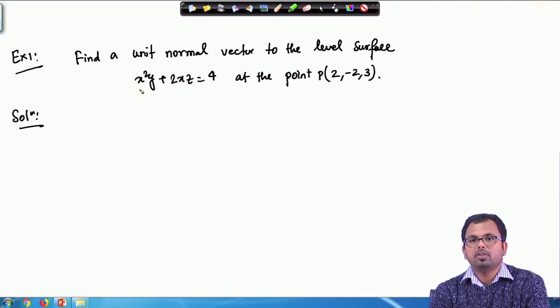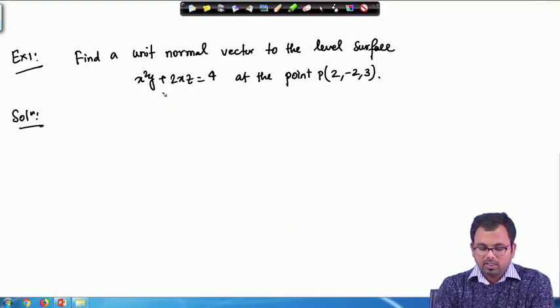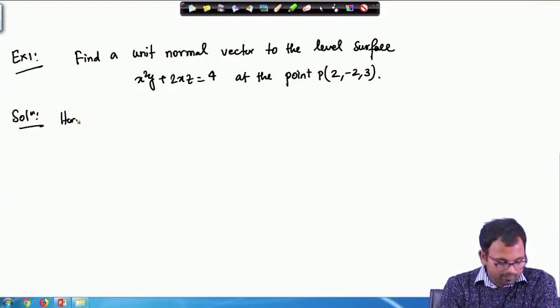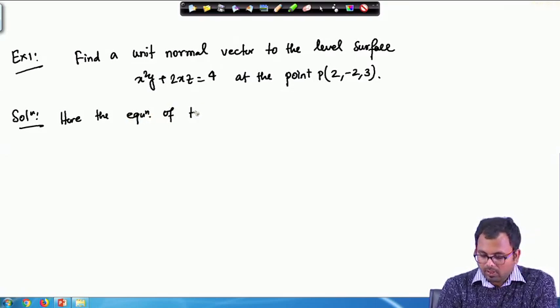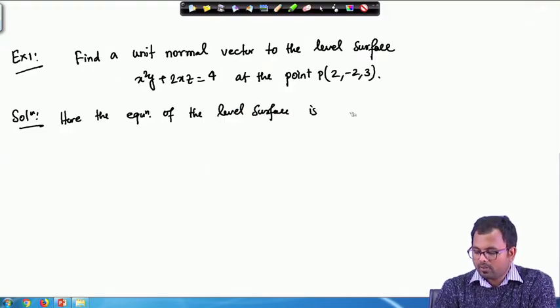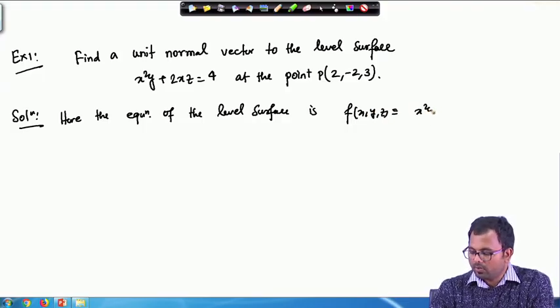So first of all, we have to calculate its gradient. Here the equation of the level surface is f(x, y, z) = x²y + 2xz = 4. All right.